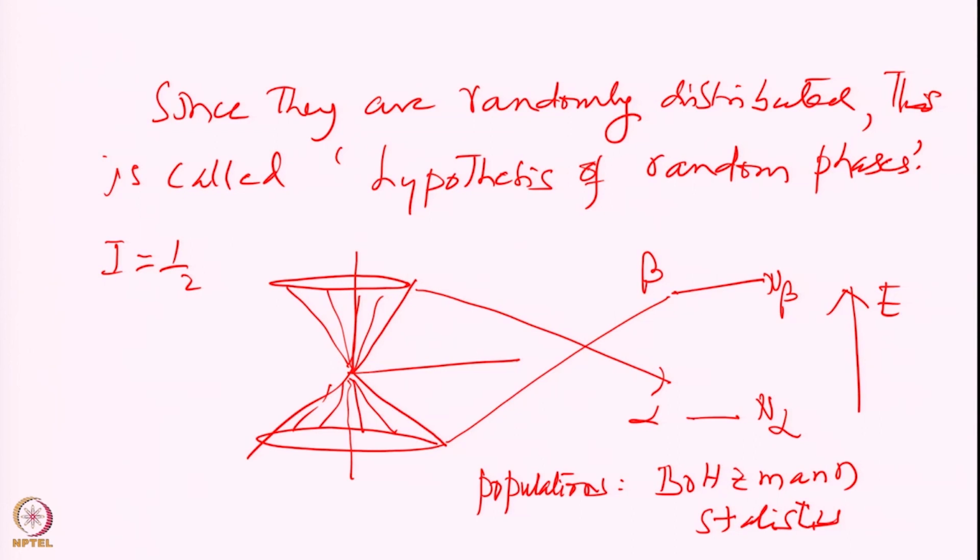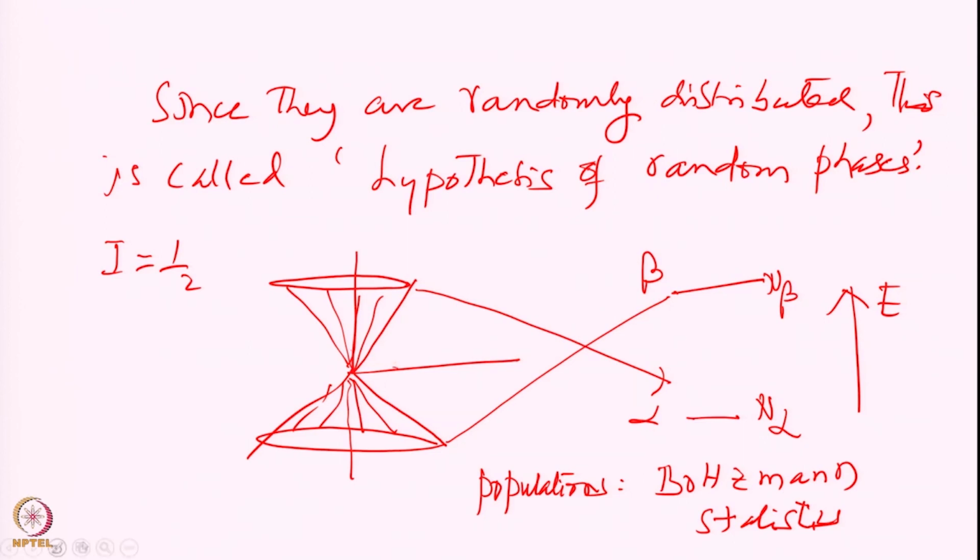Now let us look at one of those. Let us look at the alpha state for example. Now if I were to take the projections of all of these components on the xyz axes, what happens? All the z components will add because they are in the same direction. What about the xy components? Xy components are distributed in the 360 degrees phase, anywhere on the phase.